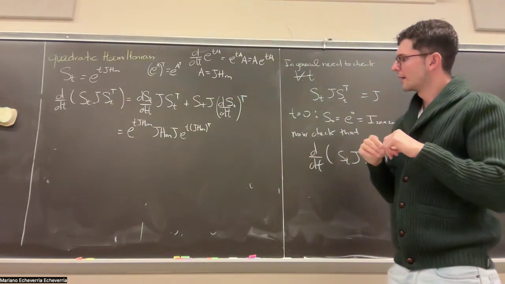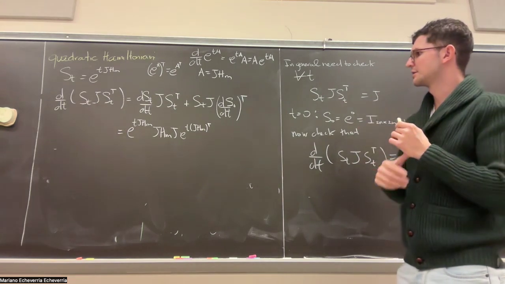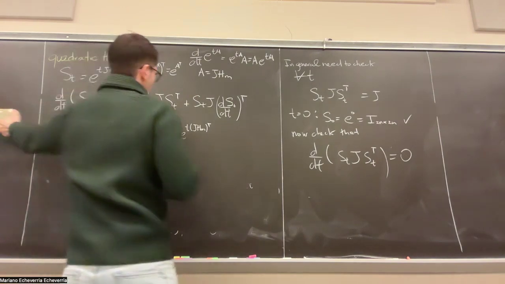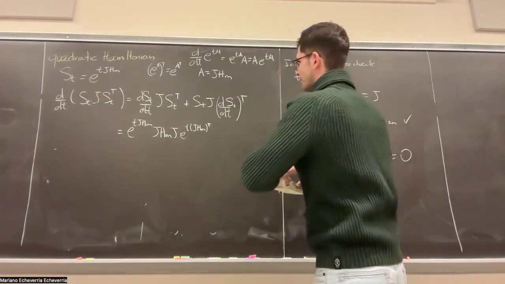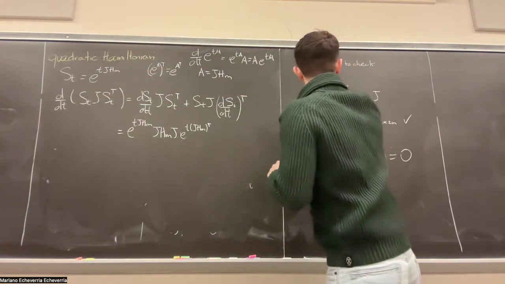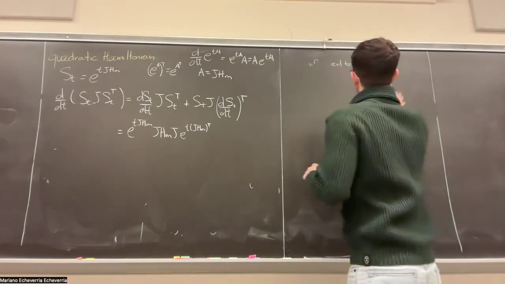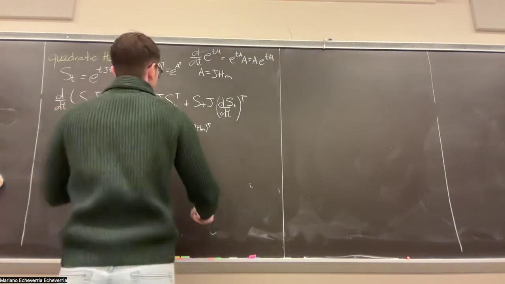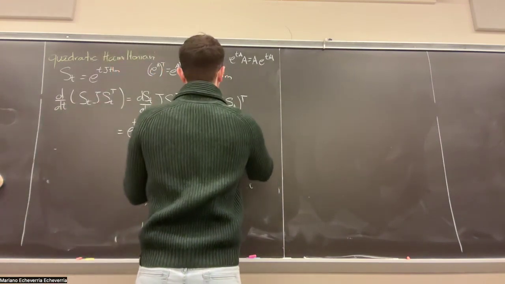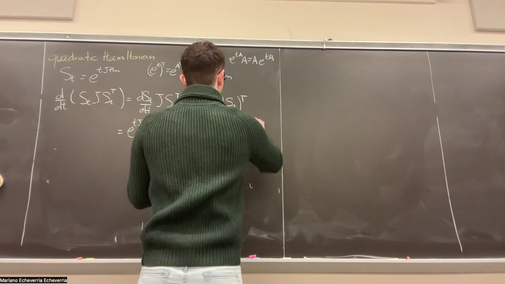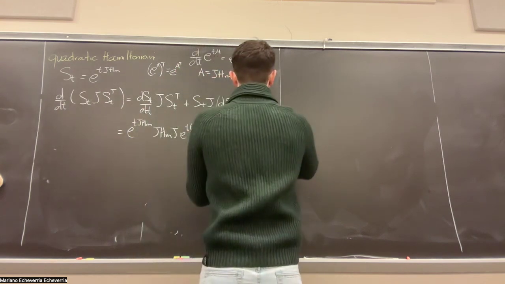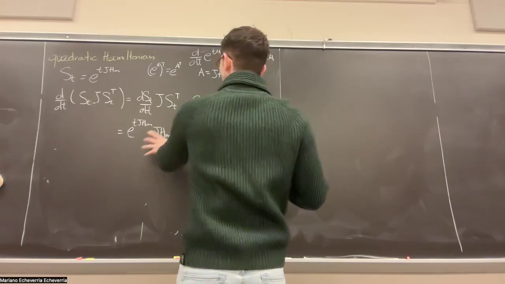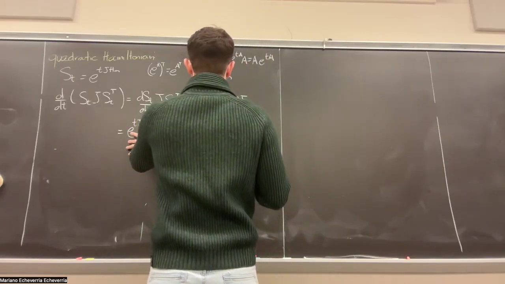There's something similar happening for the other one: e to the tJ H M, with J here, and then I just have to transpose exactly this thing.